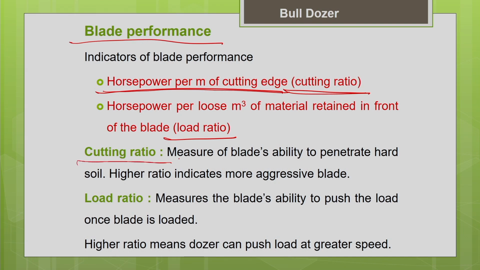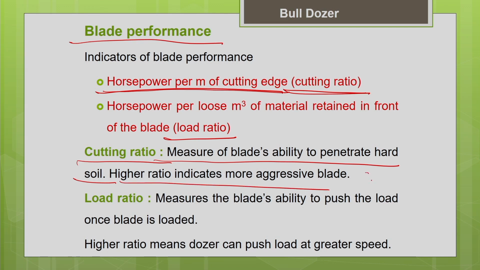Cutting ratio measures the blade's ability to penetrate hard soil and obtain the load. If I say the blade has a high cutting ratio, it means it can easily cut the soil and obtain the load. Even very hard soil conditions can be handled easily if it has a high cutting ratio. So a higher ratio indicates a more aggressive blade.